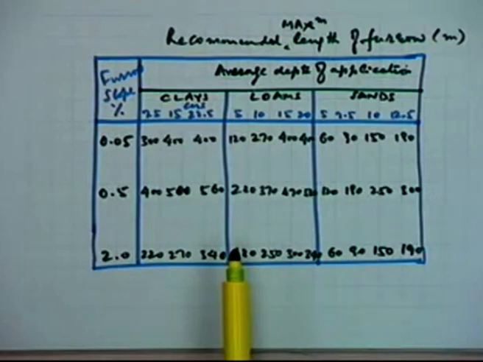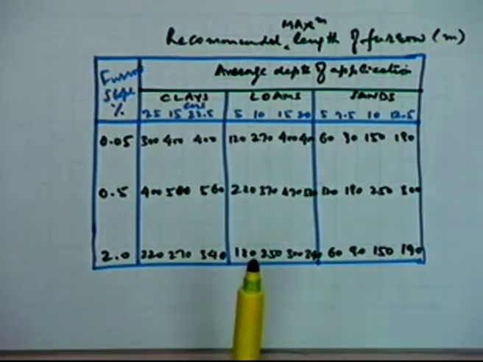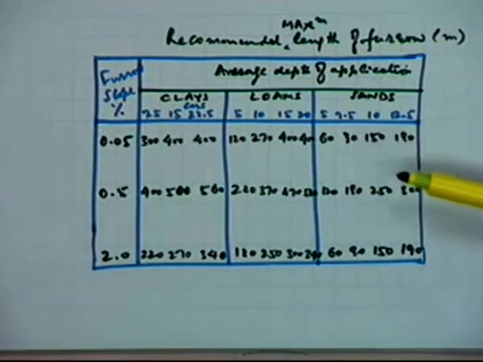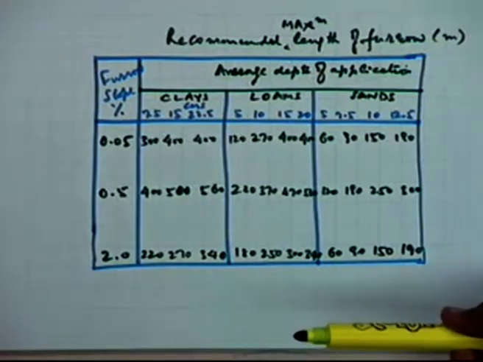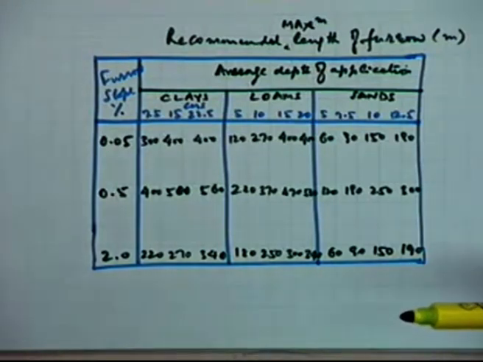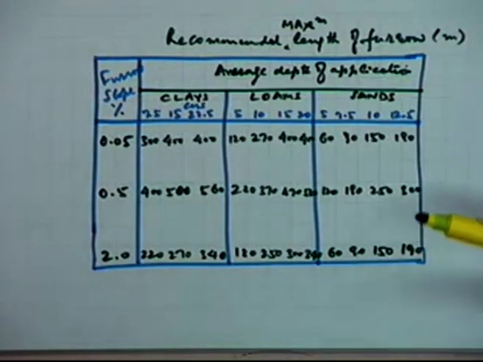So whether it is a loss because of deep percolation or because of surface runoff, it is a loss. So these recommendations are on the basis of those evaluations, so that your efficiencies can be maximum under these prevailing conditions.